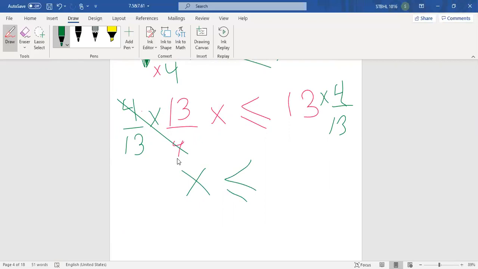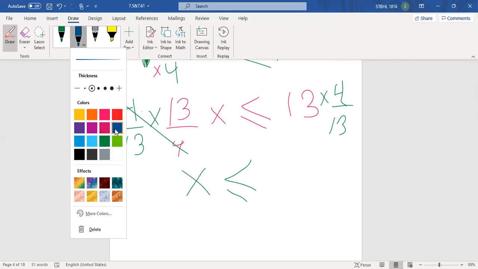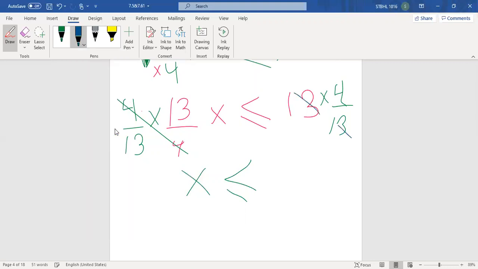Now here, 13 times 4/13, I can simplify it by canceling the numerator with the denominator and get 4. X is less than or equal to 4, which means Sadie can make at most 4 batches.